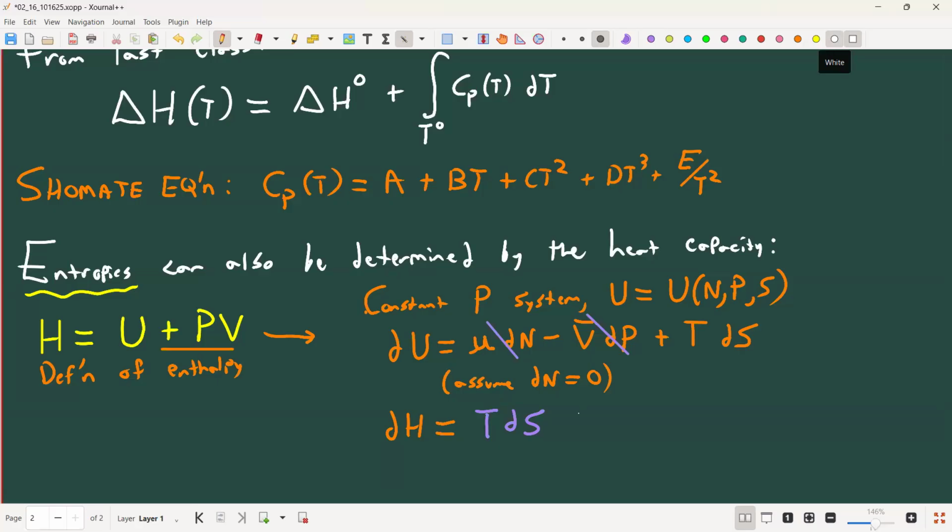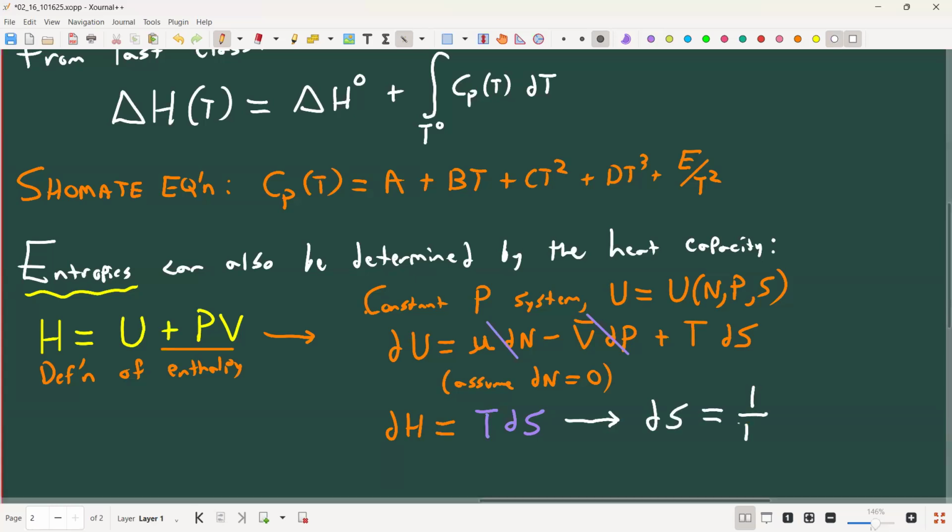Right, so all we have to do now is say that dS, the change in entropy, is 1 over the temperature times the change in enthalpy. Well, we have an equation for the macroscopic change in enthalpy. It's this right here.